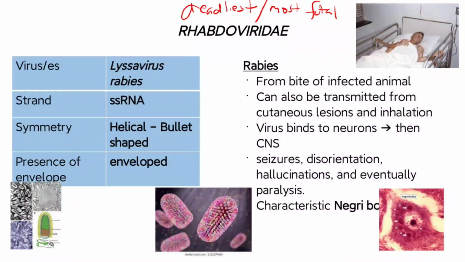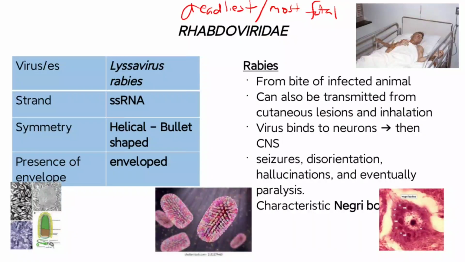So the virus binds to the neurons, no? Tapos sa CNS. Okay? So kaya nga siya bullet kasi mabilis siyang pumunta sa utak, parang bala ng baril talaga, no? So kaya bullet shape nga daw siya.